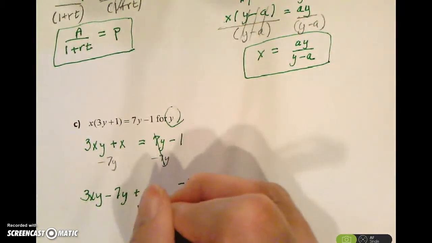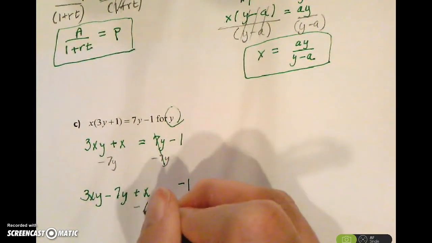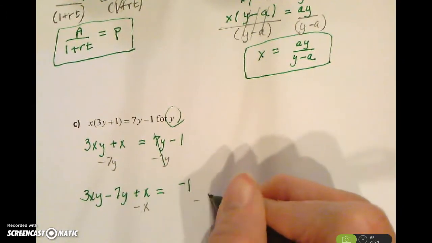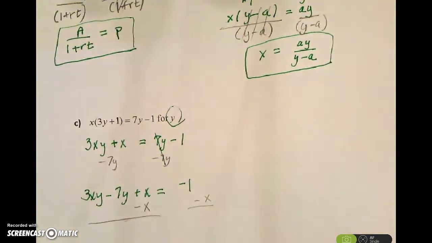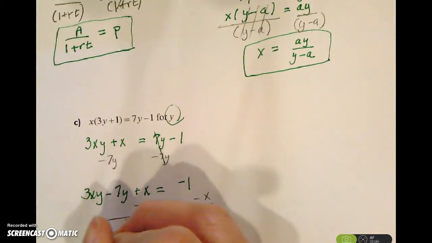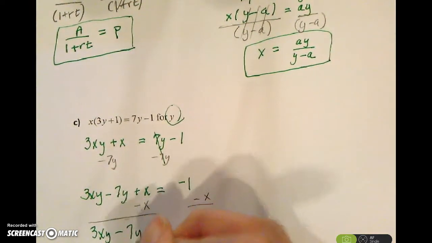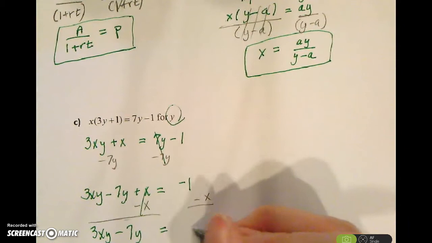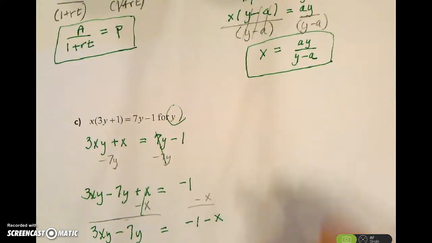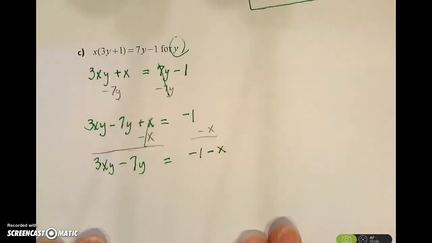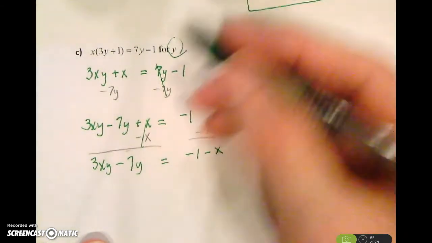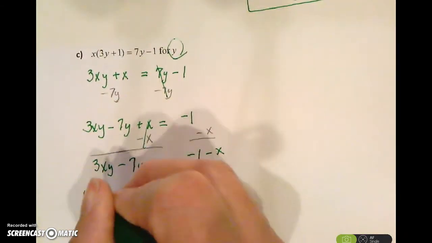Then I want to move my term that's not a y term, so minus the x on both sides. That's going to give me 3xy minus 7y, that subtracts out, is equal to negative 1 minus x. Now I want to solve for the y, so I'm going to factor out the y.